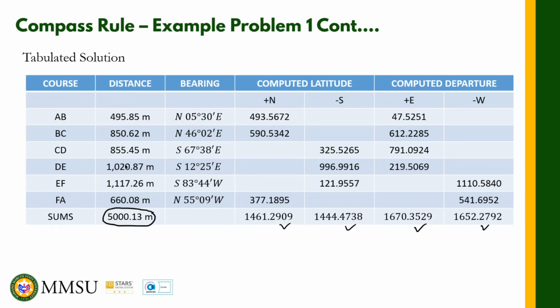I-add natin itong total distance ng mga courses natin. This is actually our capital D sa formula natin sa compass rule. Okay, kanina, that's the total distance or the perimeter of the traverse. Okay? So, yan na yung table natin for the total distance.